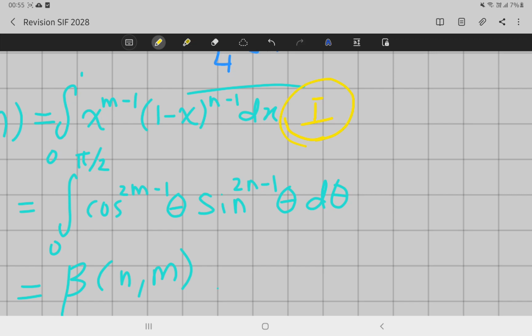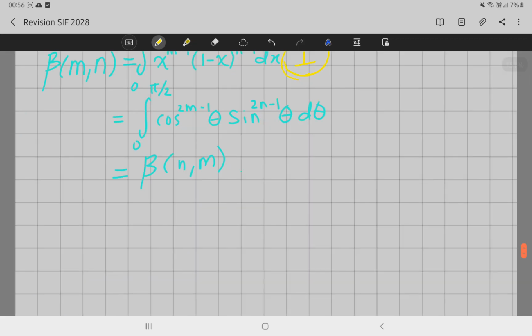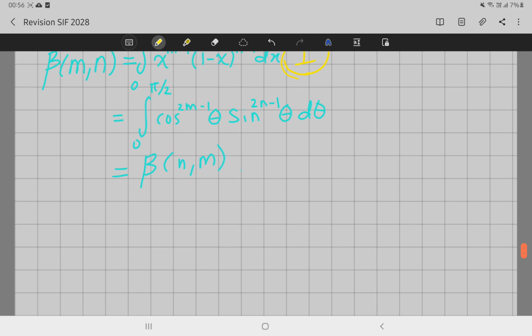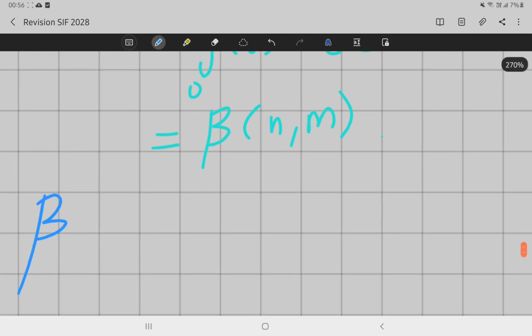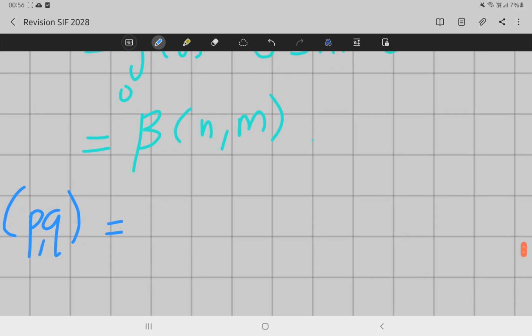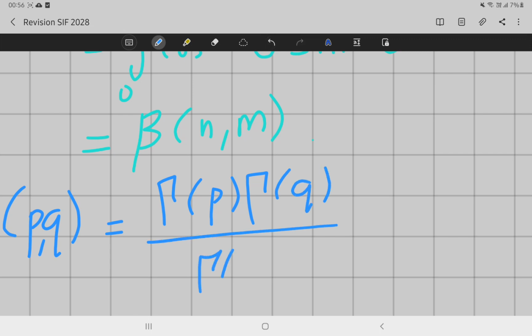Okay, and also the relationship between the beta function and the gamma function that you need to know is, for example, I have beta p, q is gamma of p times gamma of q over gamma of p plus q.